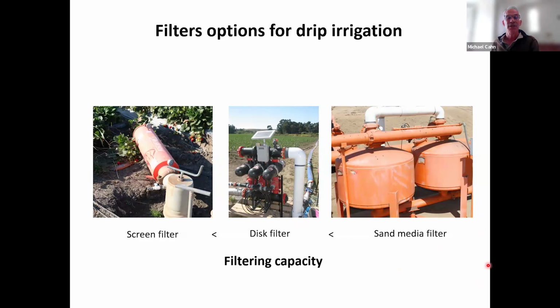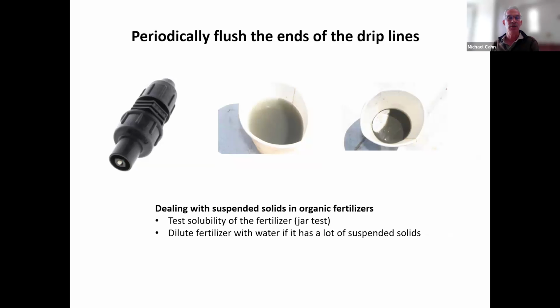However, there's a lot of cases where growers using organic products are not injecting before the filter. And so what they're doing is flushing their drip lines like every week. And if they don't flush them, then you get a buildup of sediment in the drip lines and you start clogging the emitters.